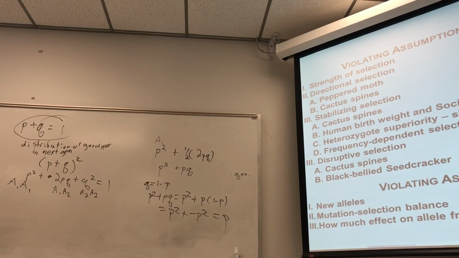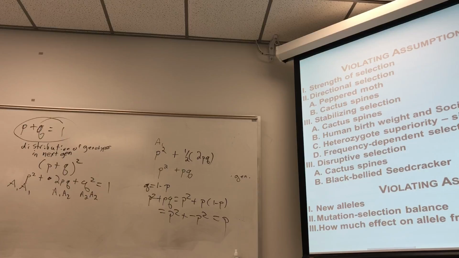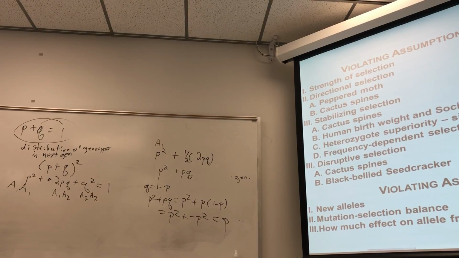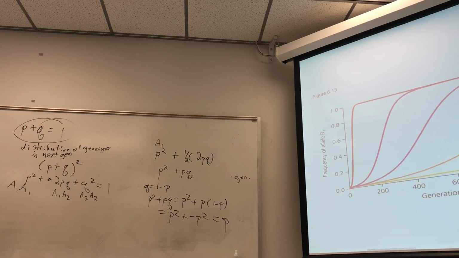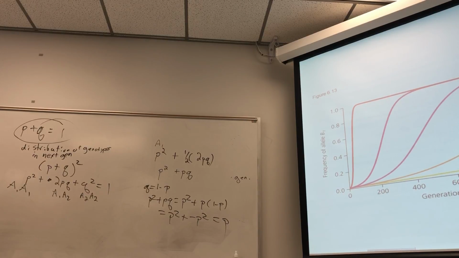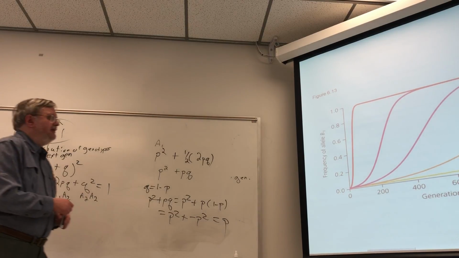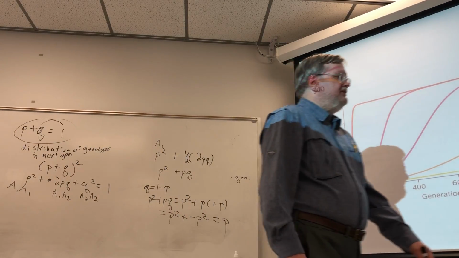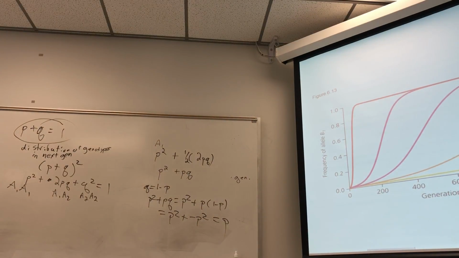But even weak selection, very weak selection, can, given enough time, produce significant effects. Like if you want to take a look at this graph here. This is actually in terms of simulation. That's one of the things computers are good at.